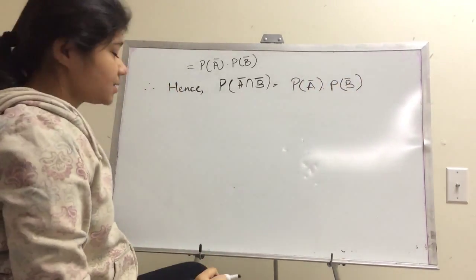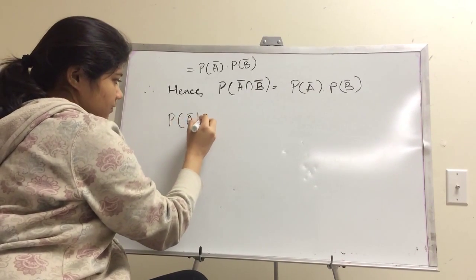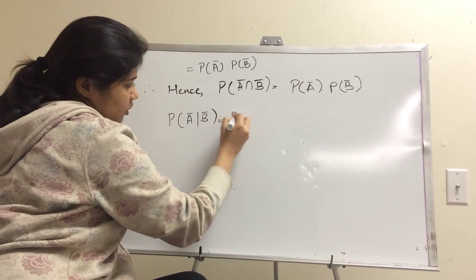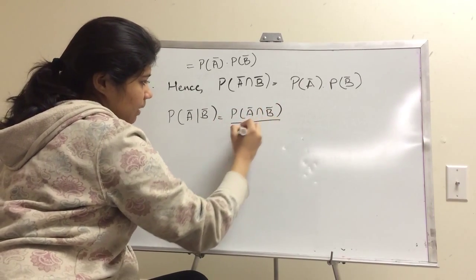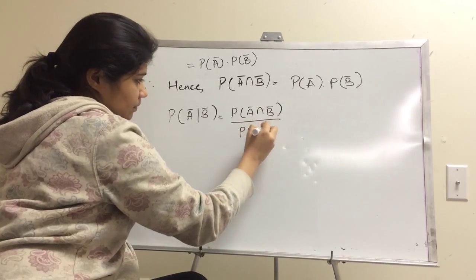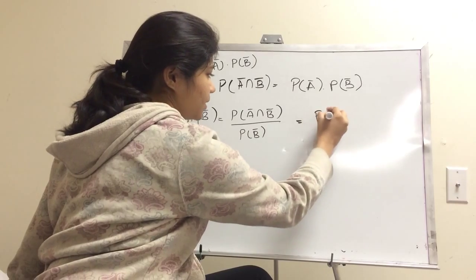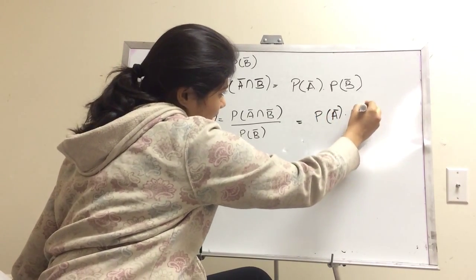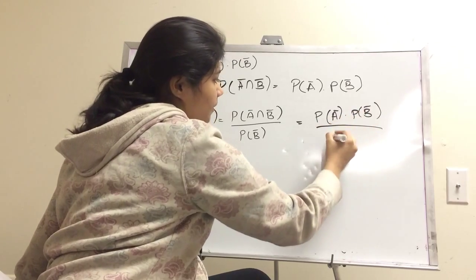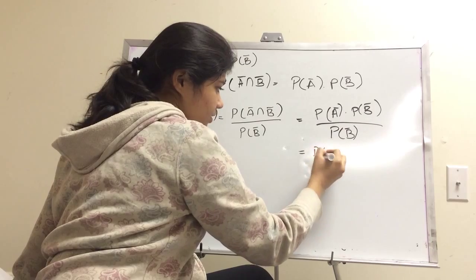Now, using this result, we have probability of A bar given B bar is equal to probability of A bar intersection B bar upon probability of B bar, which is equal to probability of A bar into probability of B bar upon probability of B bar, which is equal to probability of A bar.